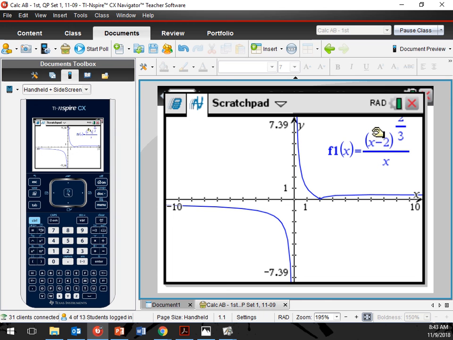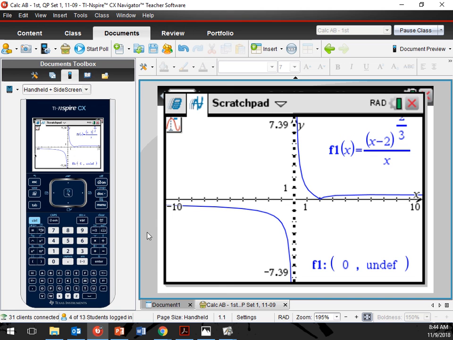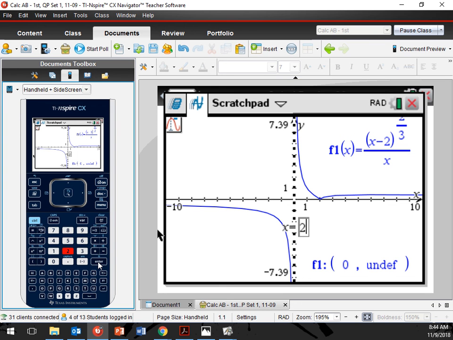Can I check that? Right now we know it can't be equal to 0, right? It's the point 2. Let's see, menu, trace, graph. What happens at 2? It's 0.